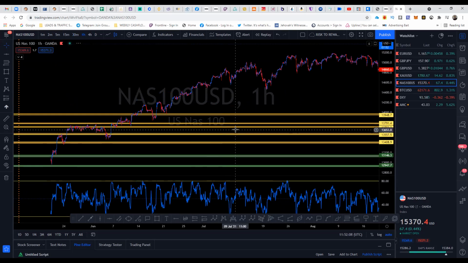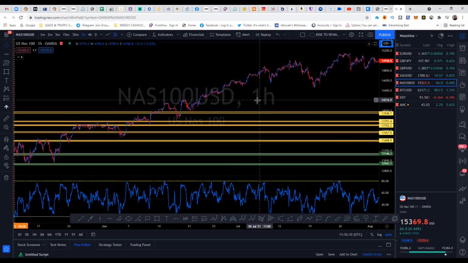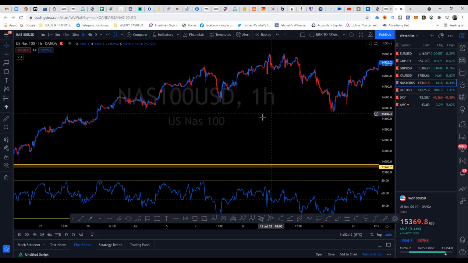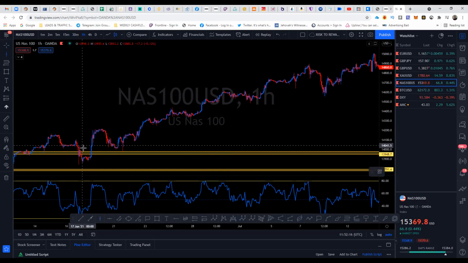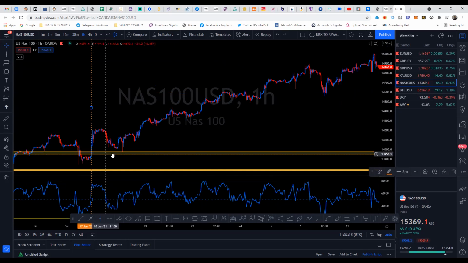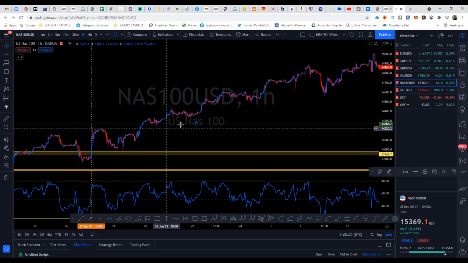So we can start the 1-hour right up in this area. Price respected this area. So then the next area I can see is possibly here.